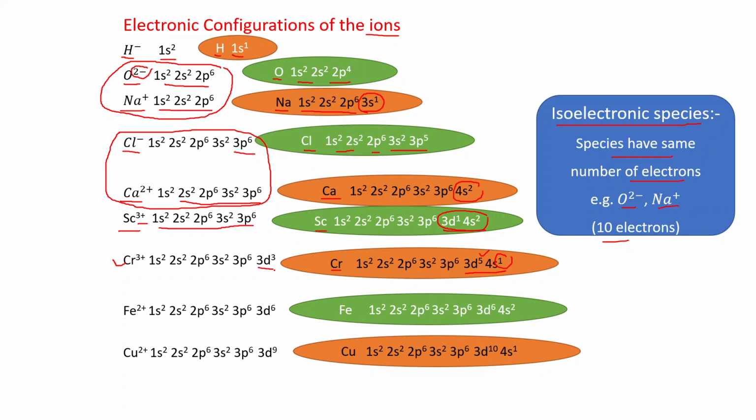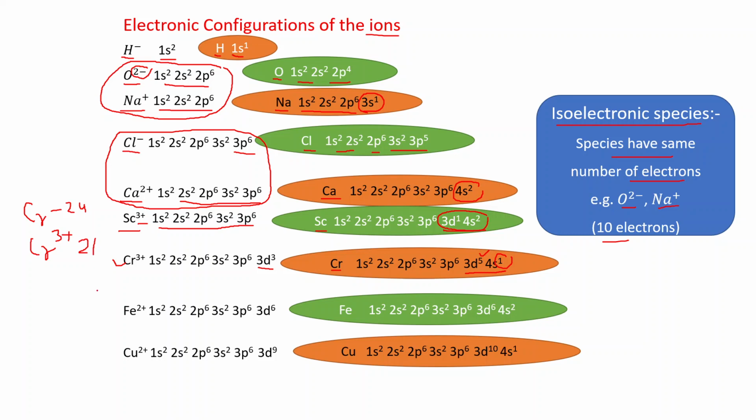Okay, dear student, what mistake will you make when you write the electronic configuration of chromium? As you know, atomic number of chromium is 24. And when you are asked to write the electronic configuration of Cr3 plus, you assume that it loses 3 electrons, so you write it has 21 electrons.